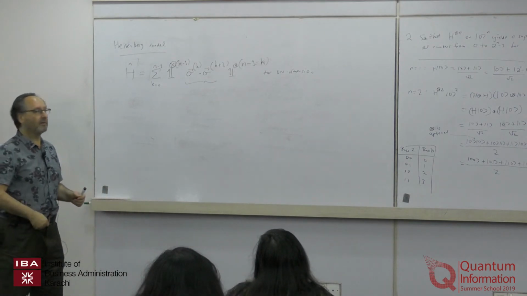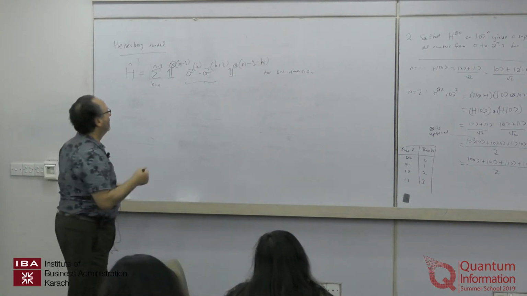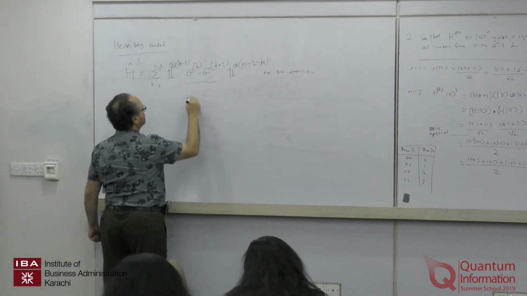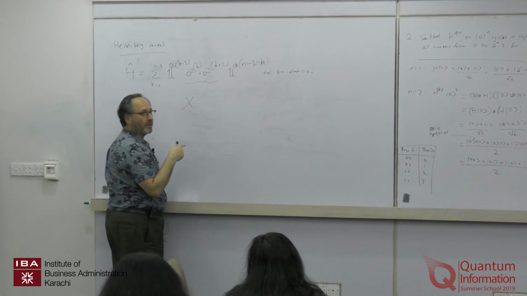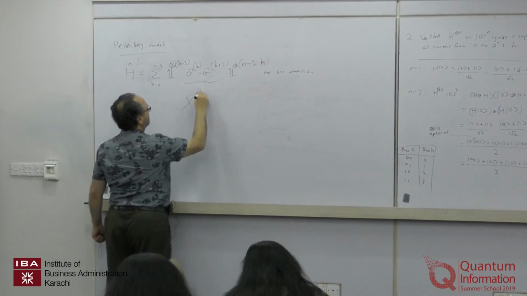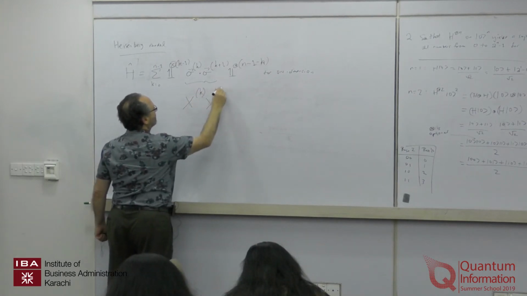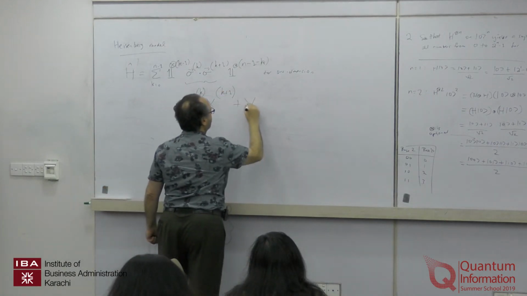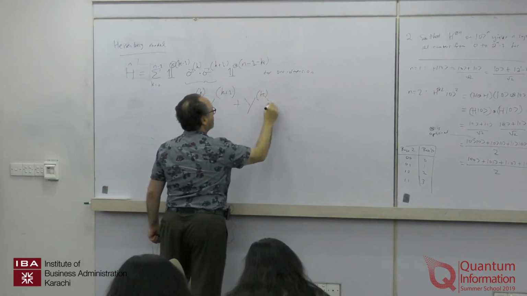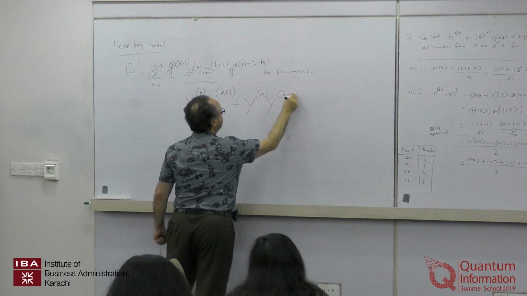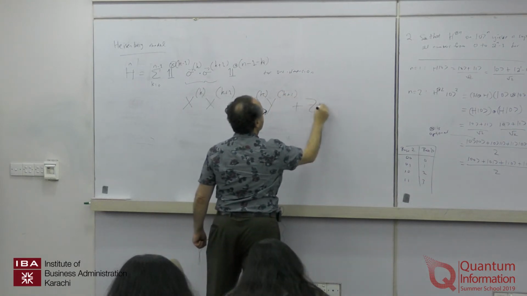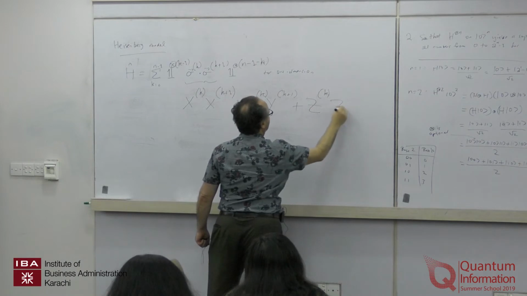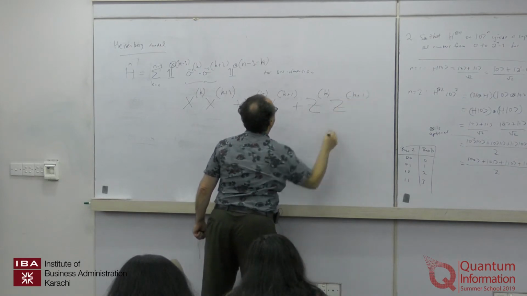This is what people write in physics papers. So this is x. The superscripts are visible now, right? So it's x k plus 1 plus y k plus 1 plus z k plus 1.